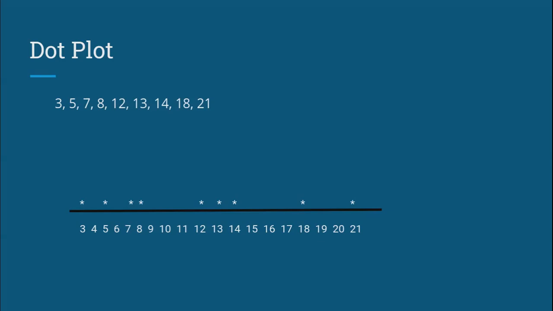We can tell what each term of the data set is. Okay, it is clear. And again, like I said, because there are no repetitions, there is no action on this dot plot.